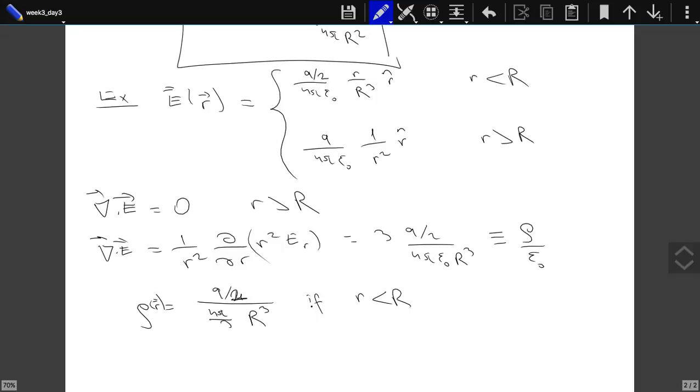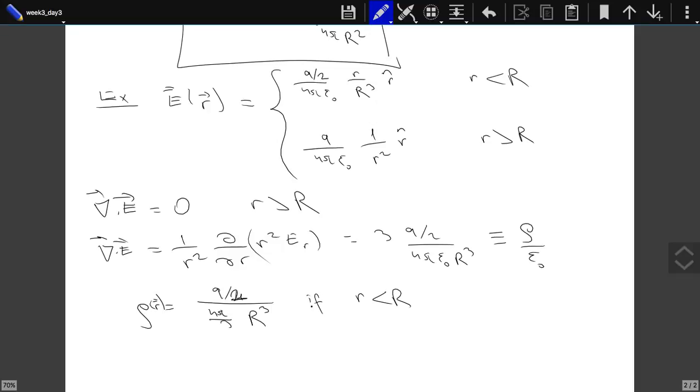Well, 4 pi over 3 R cubed is nothing but the volume of my sphere. This is just a constant. So inside my sphere, the charge is uniformly distributed. And there is a total charge Q over 2 inside my sphere, uniformly distributed over all of the volume. It's just Q over 2.